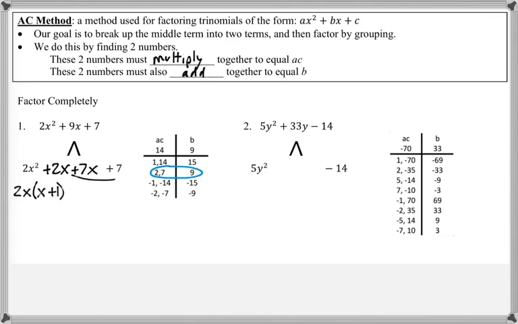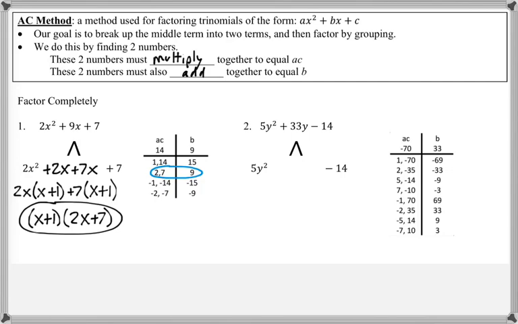And then out of the second two terms, you can factor out a 7, which will leave you with an x plus 1. And then to complete the factor by grouping, whatever's in parentheses becomes one of your factors. Whatever's outside the parentheses combines to become your second factor. And that would be your answer.